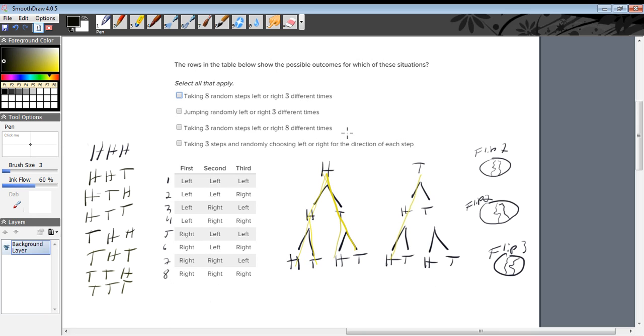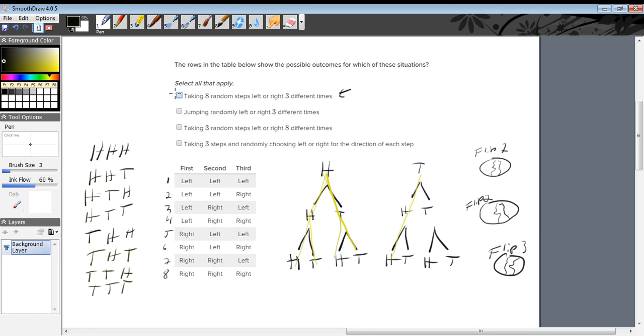This would be like taking 8 different flips, and the amount of combinations for this is quite staggering, because it's like a list of 8 different left or rights, 3 different times.